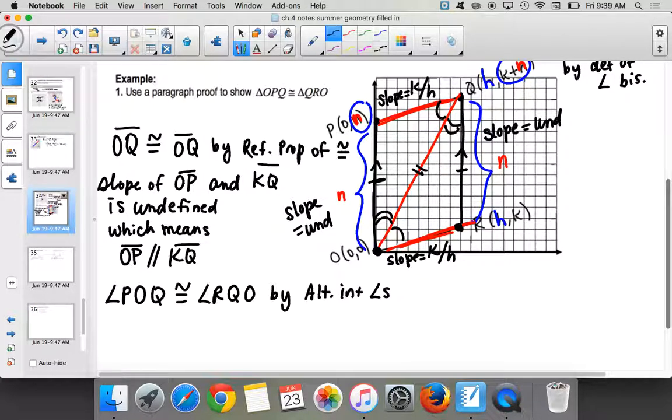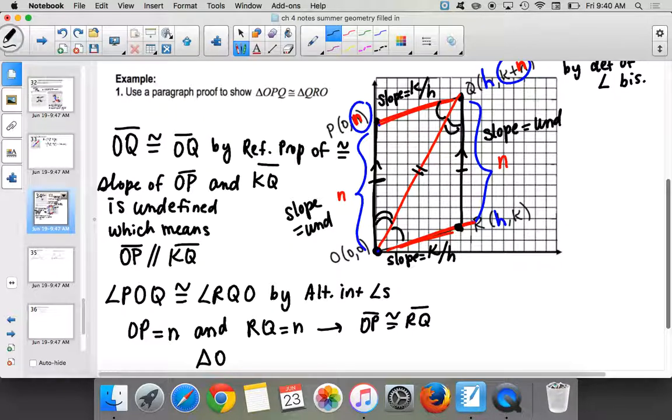The distance, so if I want to write the distance between O to P, if I want to show that's N, I write it as OP without a line on it, is N, and RQ is N. That means that OP is congruent to RQ, right? They're the same measurements. So then our triangle OPQ is congruent to triangle QRO by side angle side. Okay.